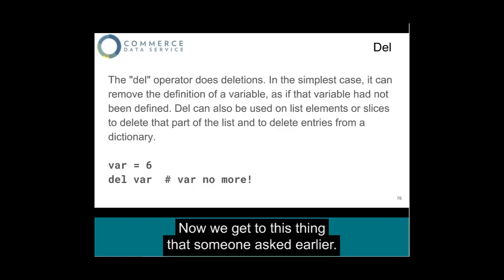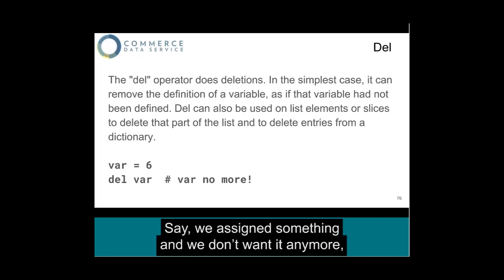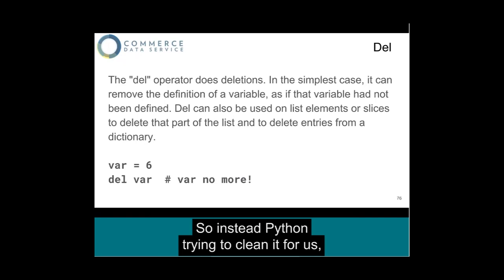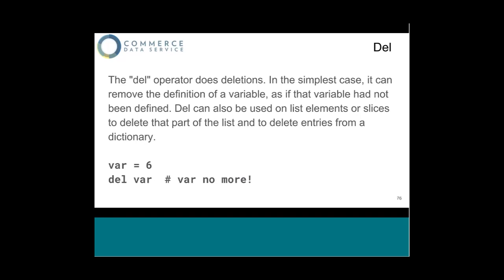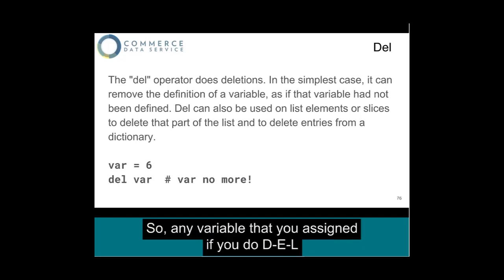And now we get to the thing somebody asked earlier: how do we delete variables from memory? Say we assign something and we don't want it anymore. We know explicitly we're never going to use it anymore. So instead of Python trying to clean it for us, we can explicitly delete it. And the way to do that is del, D-E-L, just delete it.